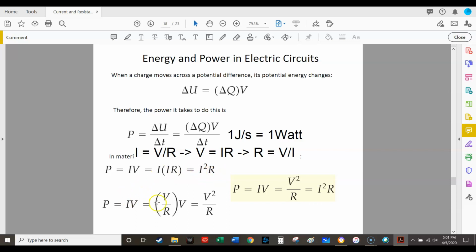Another way to write it: power is current times voltage, but current is voltage divided by resistance. So voltage squared divided by resistance is equal to power. So power is equal to current times voltage, voltage squared divided by resistance, or current squared times resistance. And that's how to calculate the power of a resistor, or of a battery, or of your system.